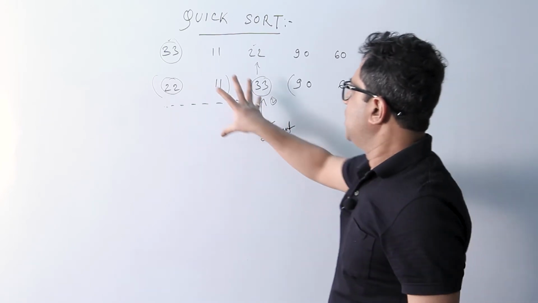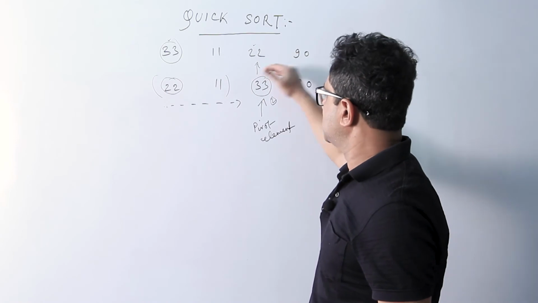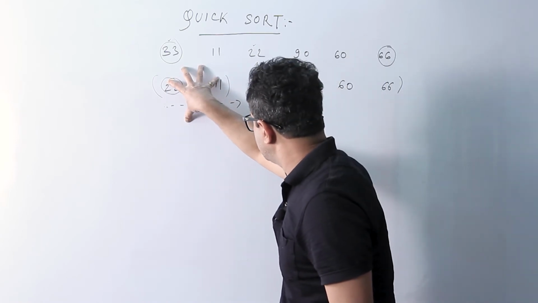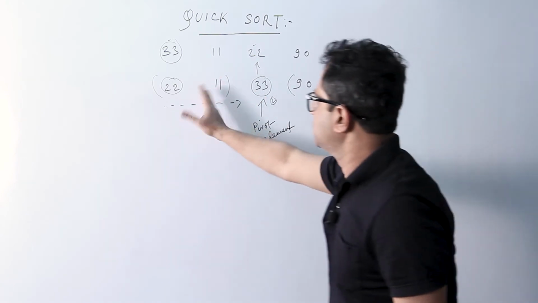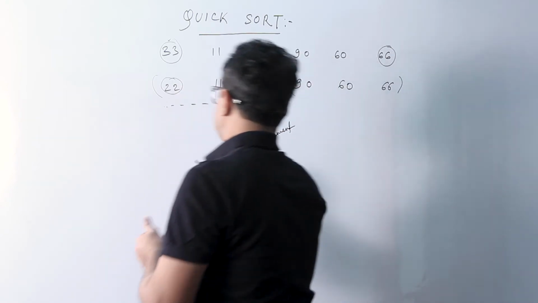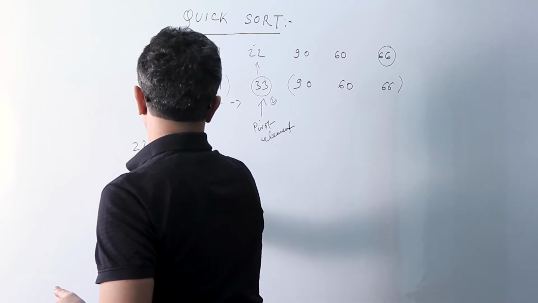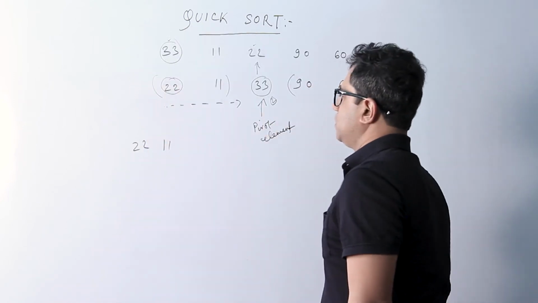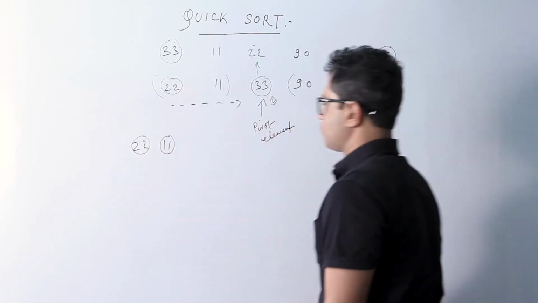So, now we will apply the entire algorithm which we have performed in the previous 2 steps in case of this sublist and in case of this sublist as well. Let us take this sublist and write it first. So, first it is 22 and then it is 11. Now, encircle this 22 and encircle this 11.